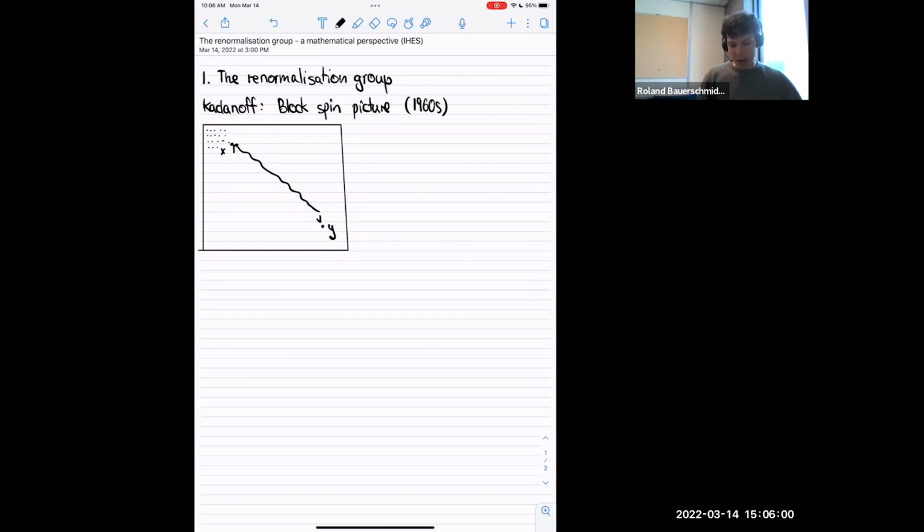And one can measure correlations, for example, by considering what are called the correlation functions. In the case of the Ising model, one can take the expectation with respect to the Ising model of the product of 2 spins at sites X and Y. And it turns out that at its critical temperature, these behave like a power law. So that's a prototypical situation where the renormalization group picture is relevant. There's a strong influence between these 2 points.